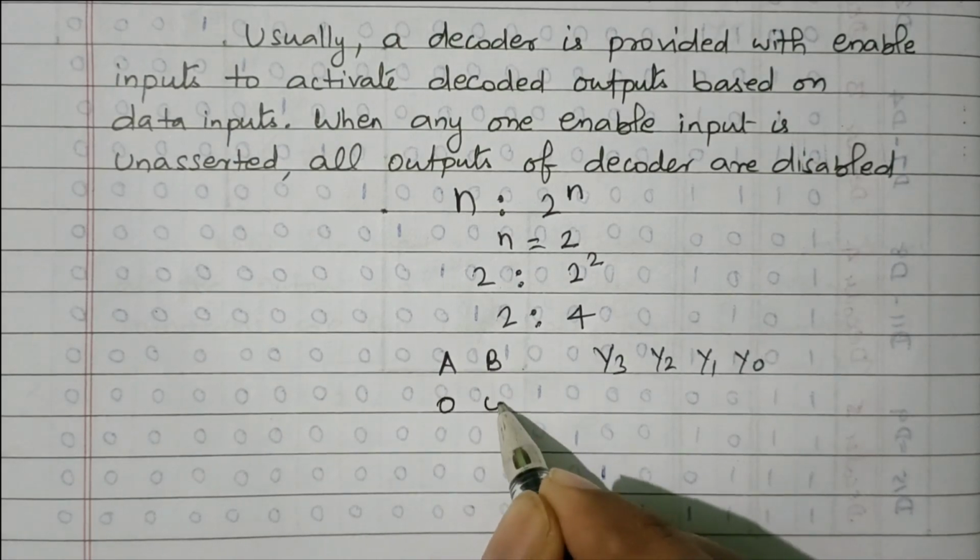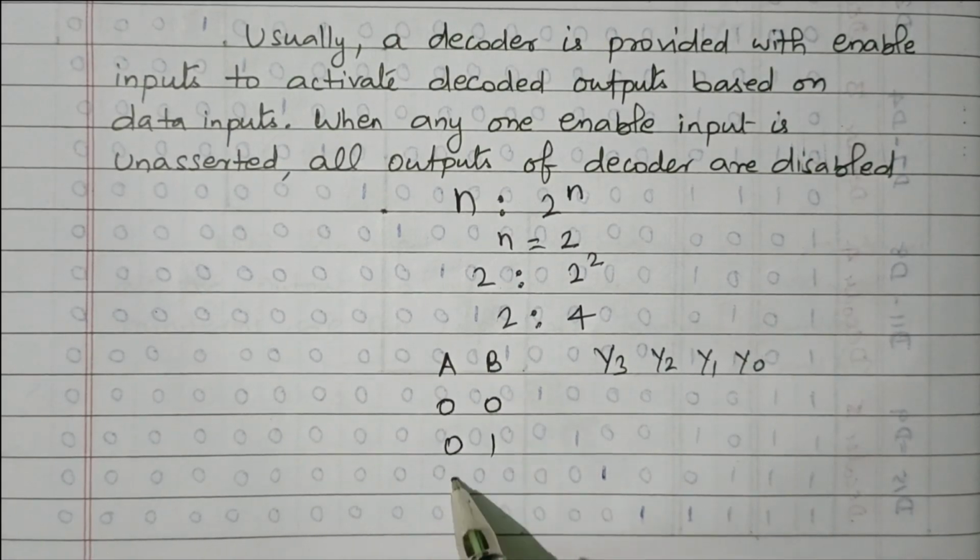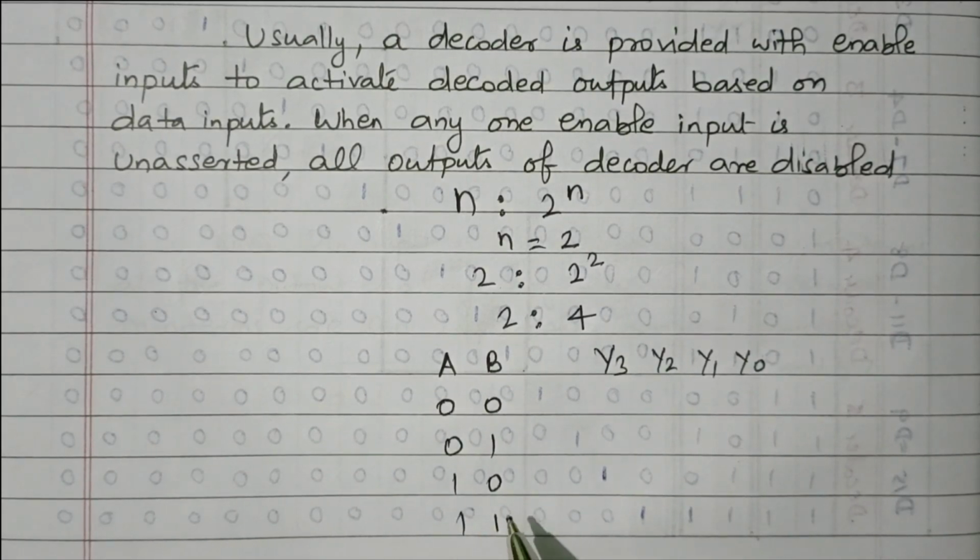The input may be 0 0, 0 1, 1 0 or 1 1. So 2 digits, 4 possibilities. These 4 possibilities will produce the 4 different outputs.